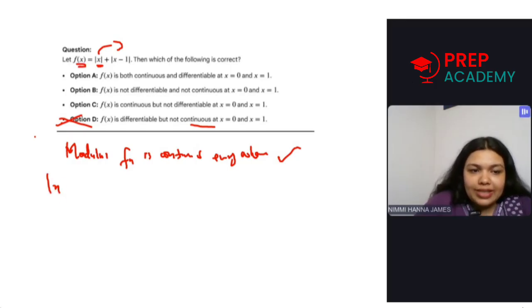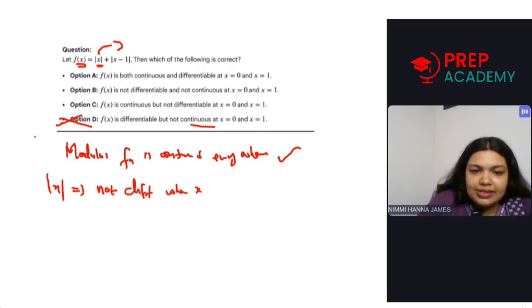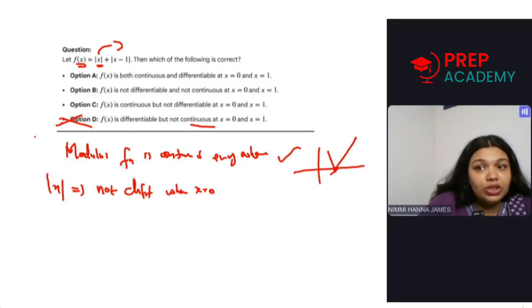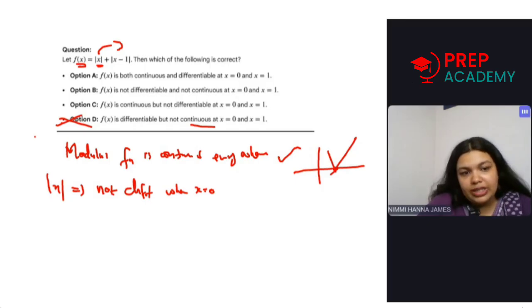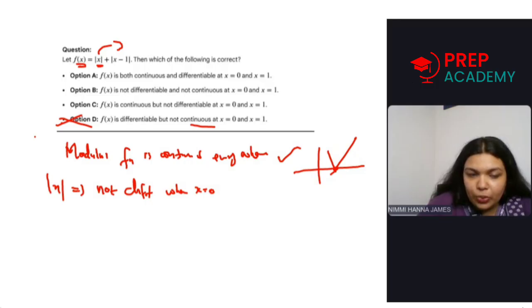So for mod x, the function is not differentiable when x is equal to 0. Whenever the value inside the modulus becomes 0, the function is not differentiable there. The graph will have a sharp point there. We don't want a sharp graph, we want a smooth graph in order to get differentiability.